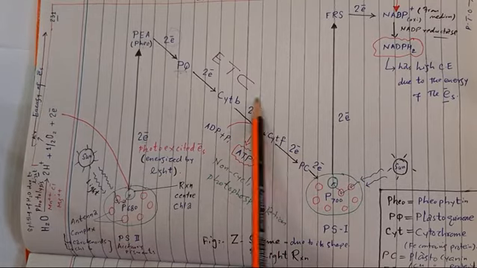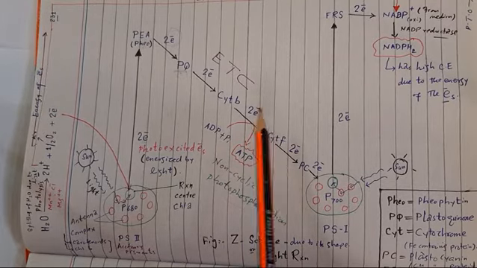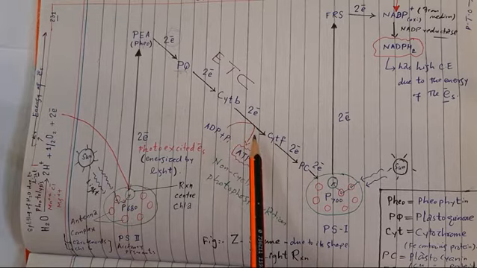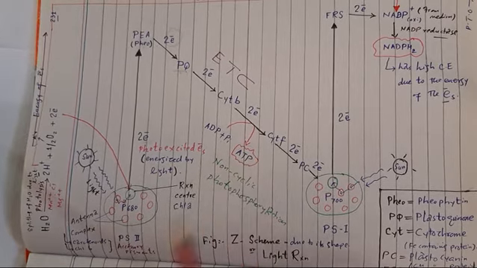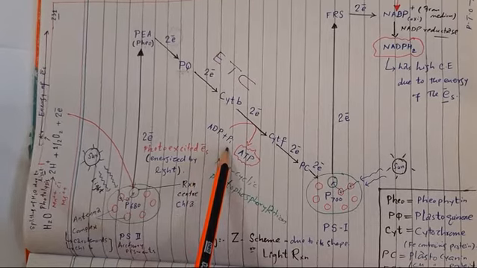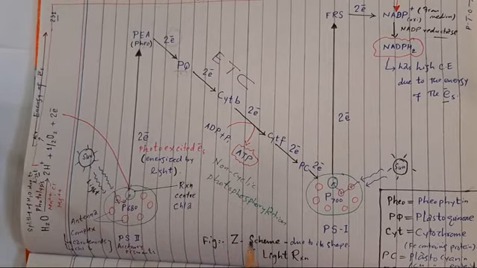As these electrons gained their energy from light, the lost energy is used in the synthesis of ATP, adenosine triphosphate, from ADP and inorganic phosphate.